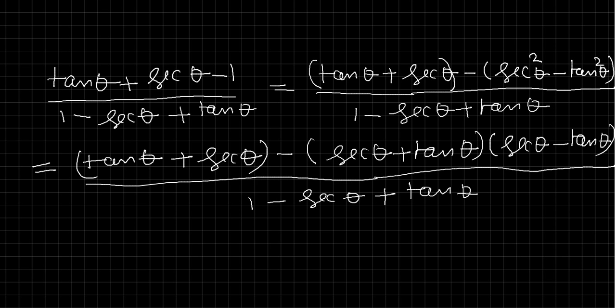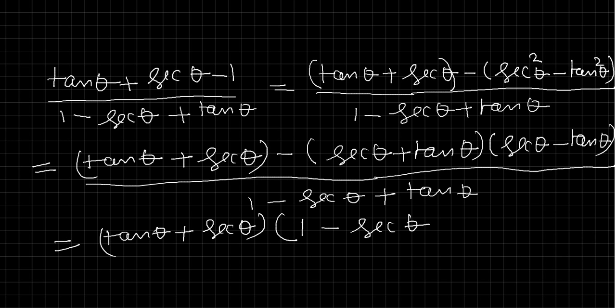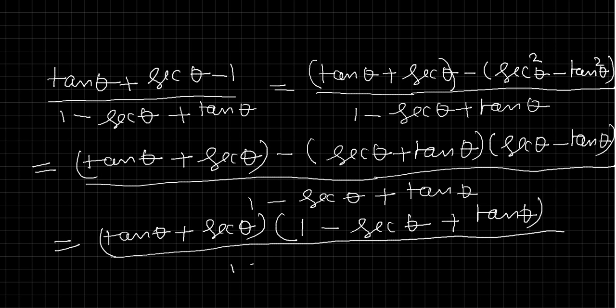Now in the numerator we can take tan theta plus secant theta as a common factor outside, so inside we get 1 minus (secant theta minus tan theta), that is 1 minus secant theta plus tan theta, divided by 1 minus secant theta plus tan theta.